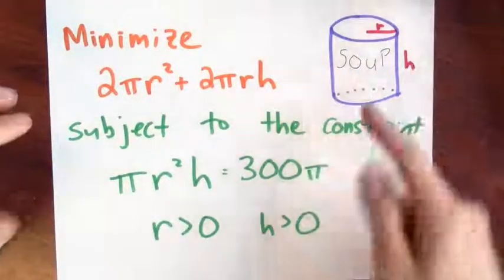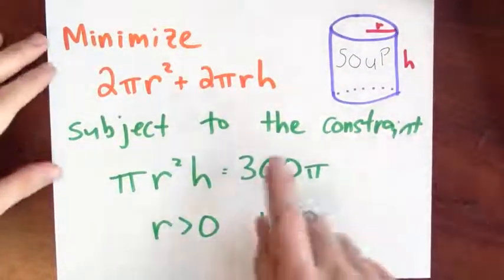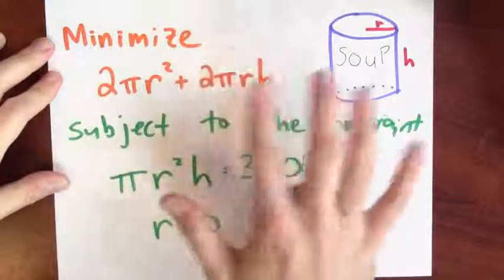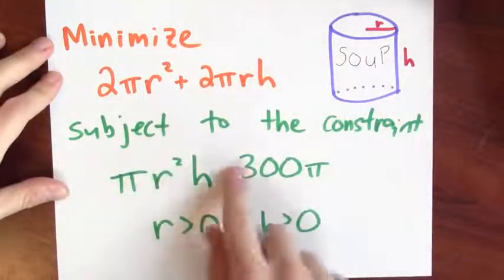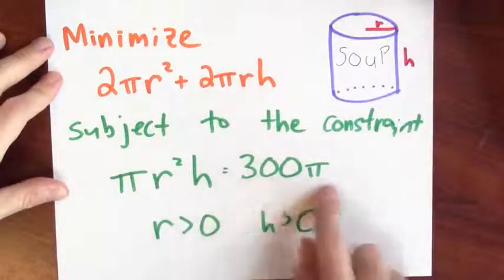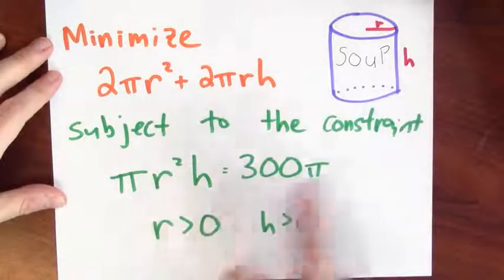But there's a constraint. The constraint is that the soup can has to hold 300 pi cubic centimeters of soup. So I'm trying to make this quantity, the surface area, as small as possible, subject to the constraint that the volume of the soup can is in fact 300 pi. And I should also point out that the radius and height had better be positive, otherwise it's kind of nonsense.